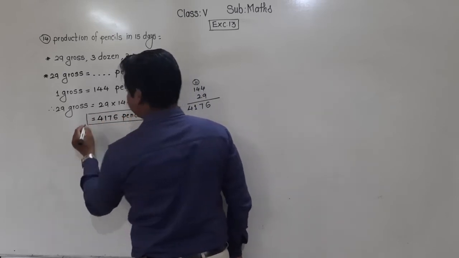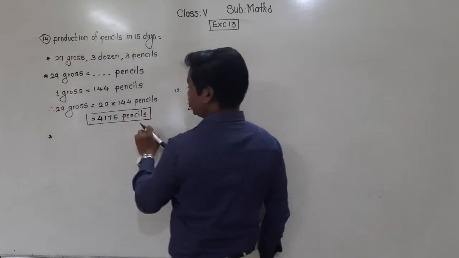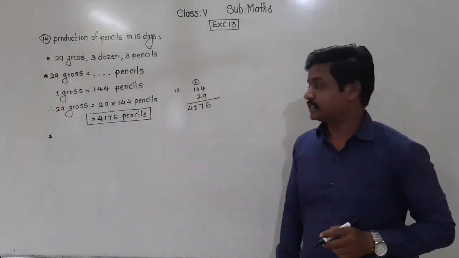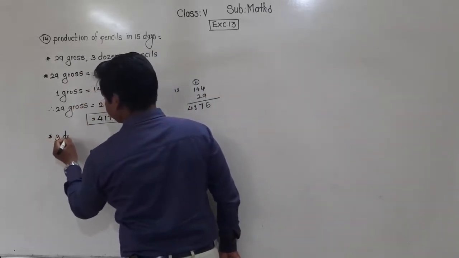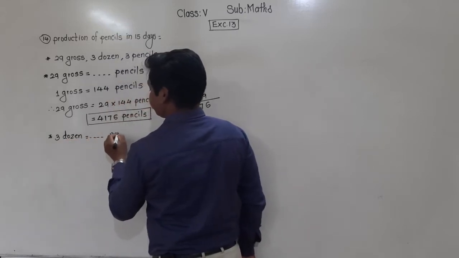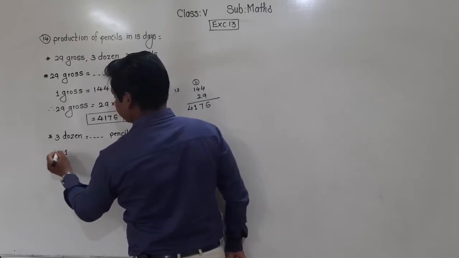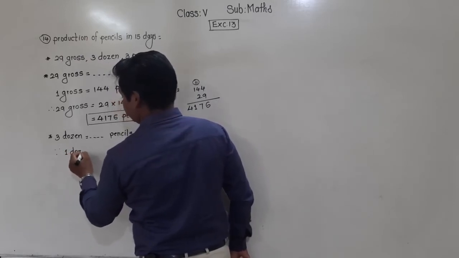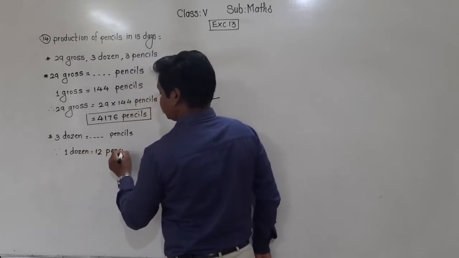Here we have converted 29 gross into pencils, and we got 4176 pencils. Then 3 dozen will be converted into pencils. We know that 1 dozen is equal to 12 pencils.